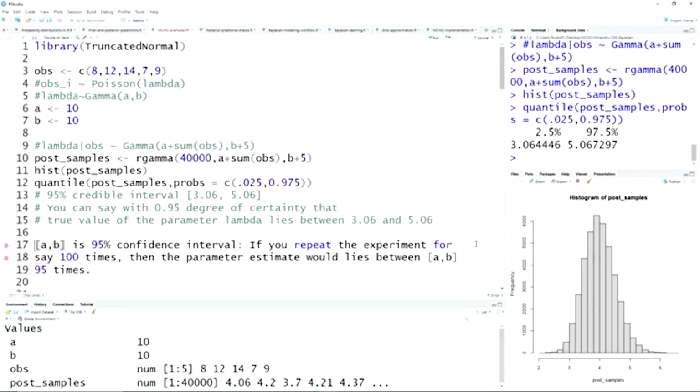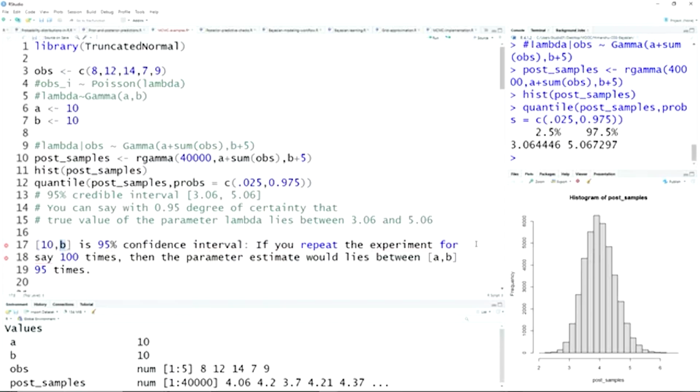Say you are doing a linear regression model and you find that the 95% confidence interval for your slope parameter, the main effect of something, is between 10 and 30.